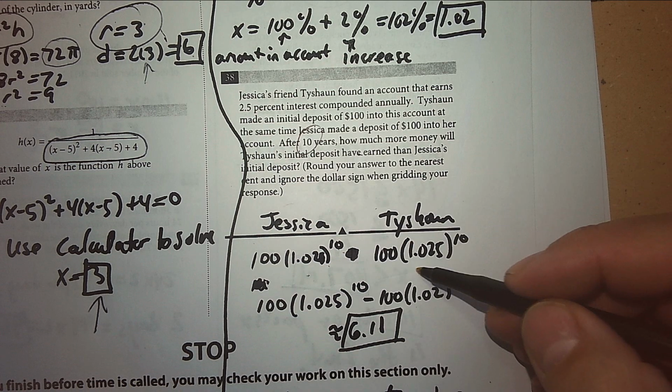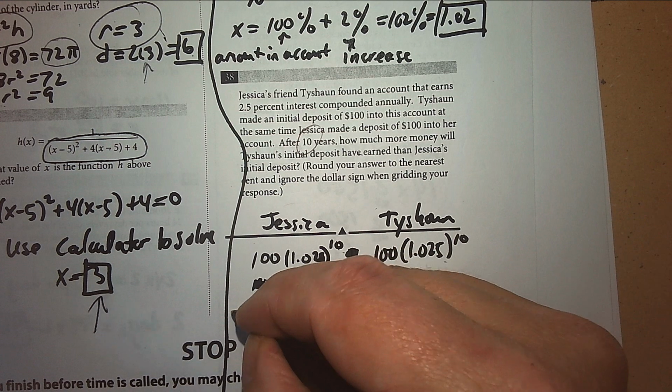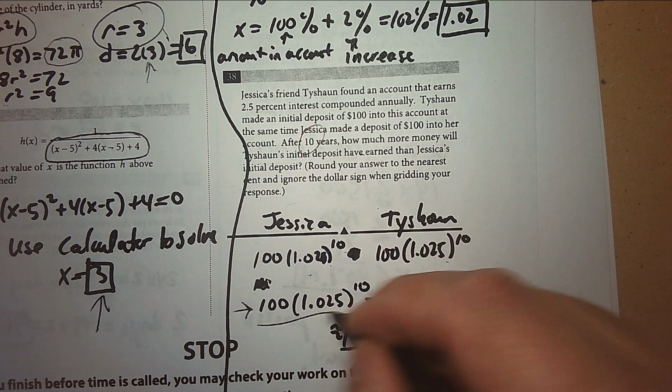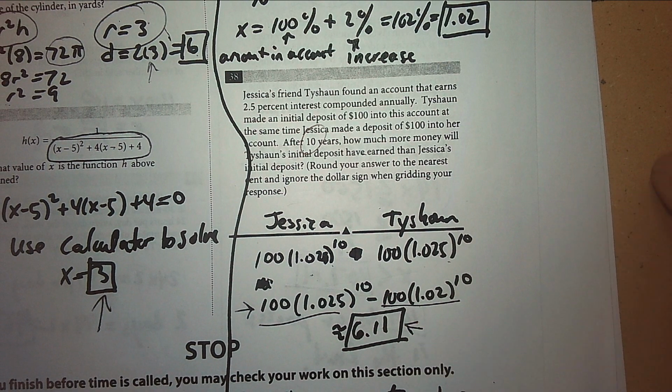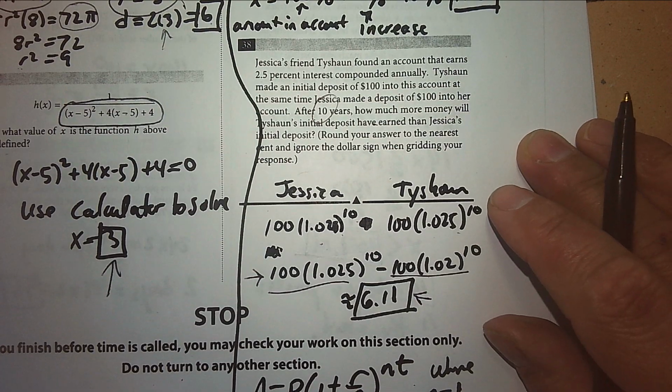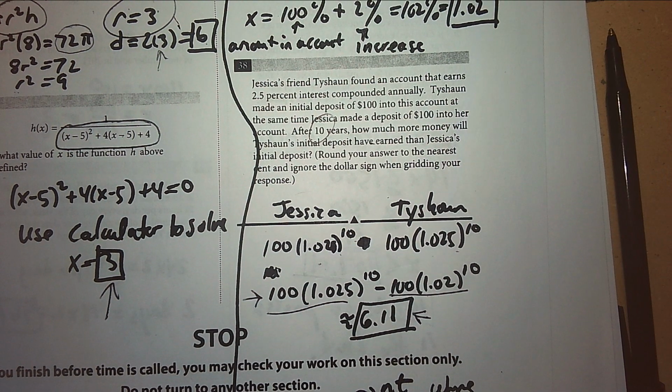So it's 1.025. And then you subtract the two values, and that's where you get 6.11. So recognize that the work we did on exponentials for the very last question.